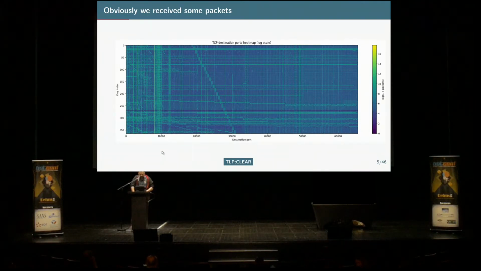So what we can observe, of course, is scanning. You have the vertical lines, which mean that people are sending packets, maybe scanning, on this port. For example, such a line means that every day during the whole year we receive tons of packets on these ports. You can also observe some funny things.